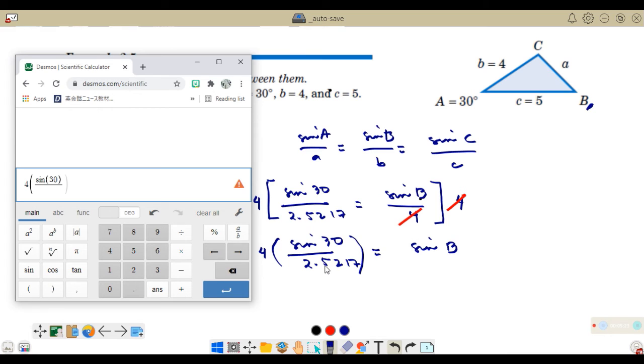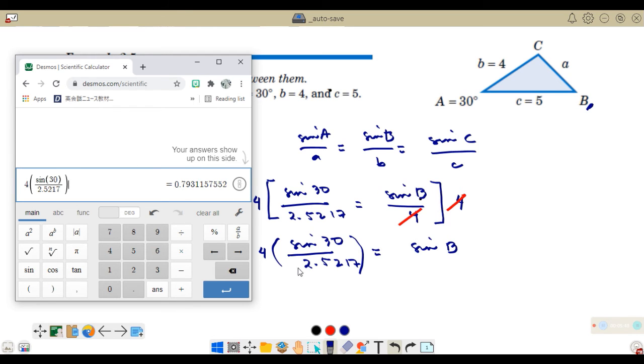And then for the denominator, we have 2.5217. There. So we have approximately 0.7931157552 for our function.